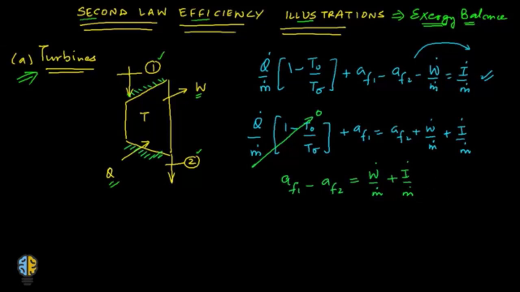Now if you look at this particular term, this is basically the maximum availability, or the maximum amount of work that is possible from this turbine. And this is the actual availability.